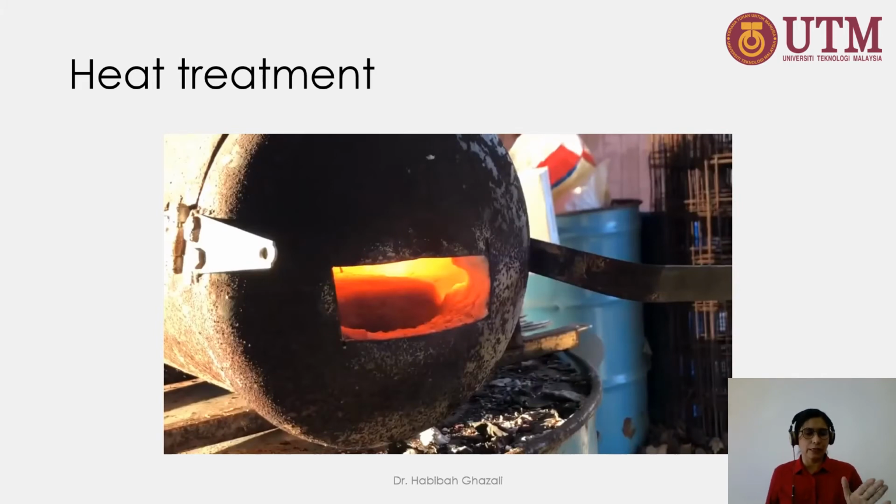Also, when they try to sharpen the knife, they will heat up the metal first before they start to shape it again. So this kind of process is what we call heat treatment. What they did is actually change the microstructure of the material so that it can be processed further.